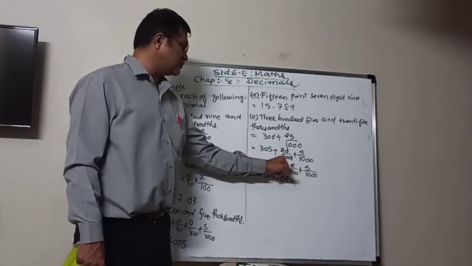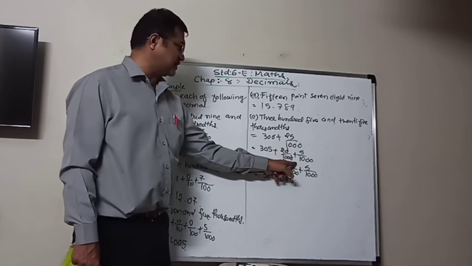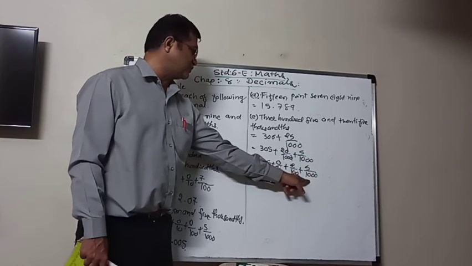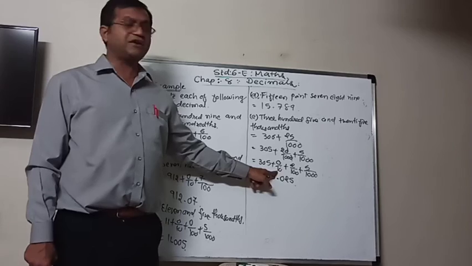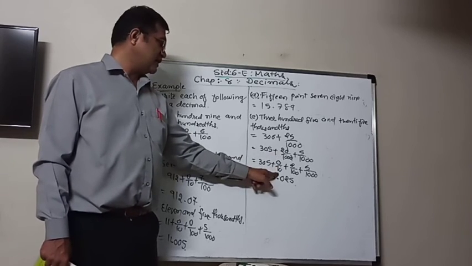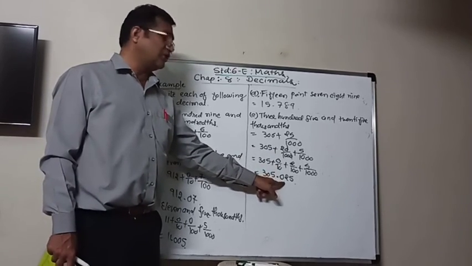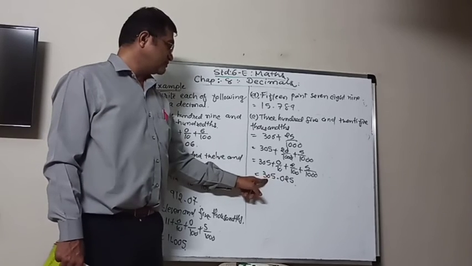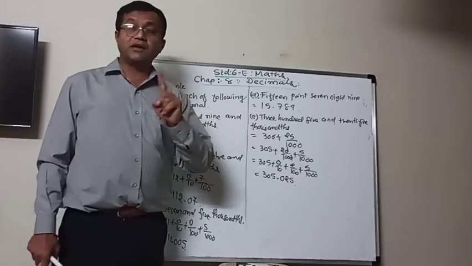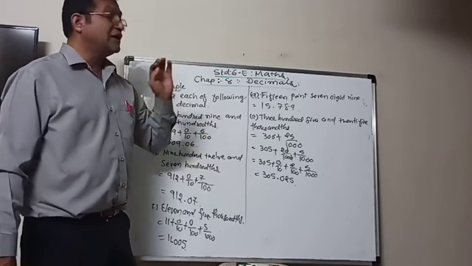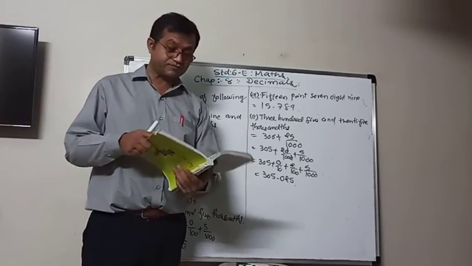So 20 upon 1000 is 2 upon 100 because the 0 is cancelled, and 5 upon 1000. Here the tenths place is missing, so we write 0 upon 10, and in place of the tenths you write 0. So the answer is 305.025. That is the thing you have to remember.